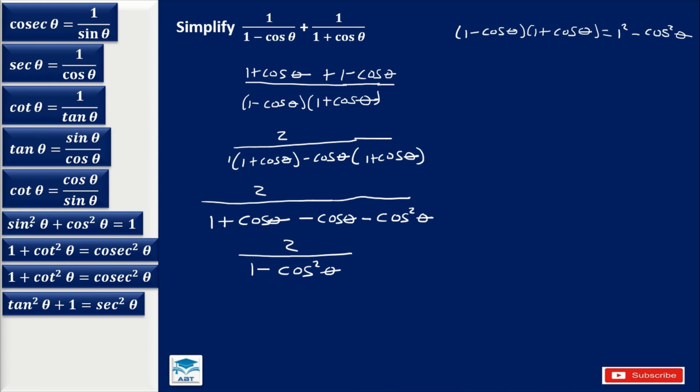Now from equation 7, we know that sine square theta plus cos square theta is equal to 1. So making sine square theta the subject, we have sine square theta is equal to 1 minus cos square theta. So we can replace 1 minus cos square theta with sine square theta. So we have 2 divided by sine square theta.